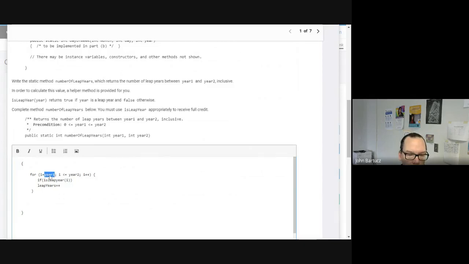So year 1 is where we start. We keep going as long as it's less than or equal to year 2. And we add 1 each time through the loop. That's how for loops work. Start, condition, increment.